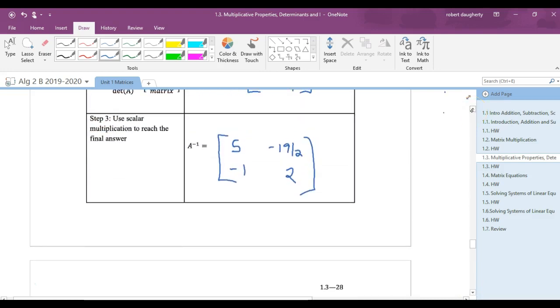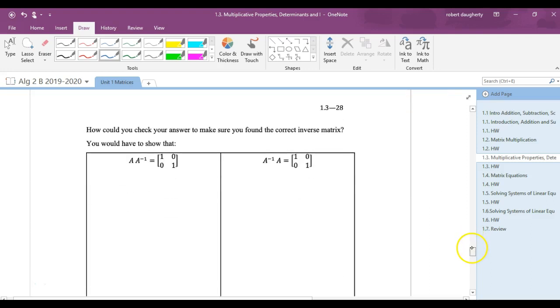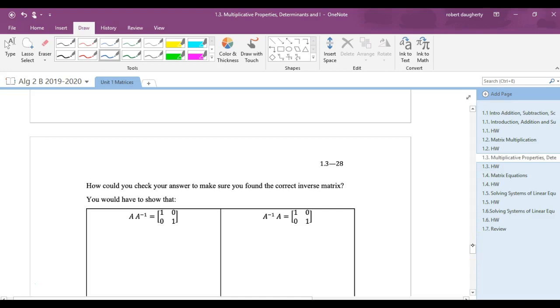We can do that. So I've got two matrices. I found the inverse. How can I prove that I found the inverse? Multiply them and I get what? Ones on the diagonal, and zeros everywhere else. So let's prove one of these. I'm not going to prove both of them. So A, what was matrix A? 4, 10, 2, 19?